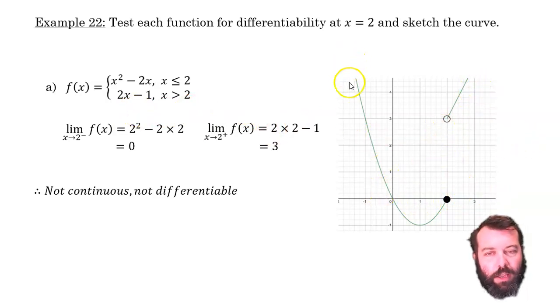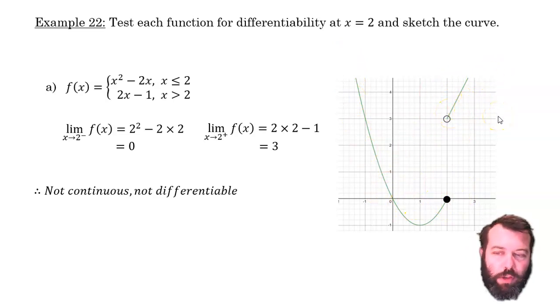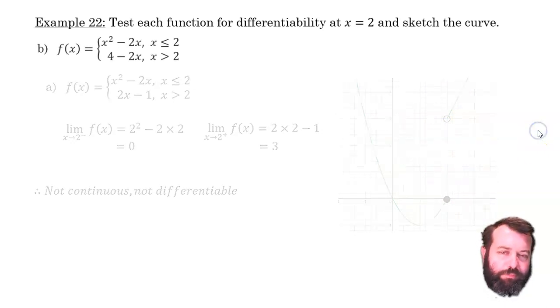And you can see, I cannot get from this part to this part without jumping over this big white gap in between. So, that function is not continuous, therefore it is not differentiable. I can't tell you what the gradient is here because there's a big hole there.